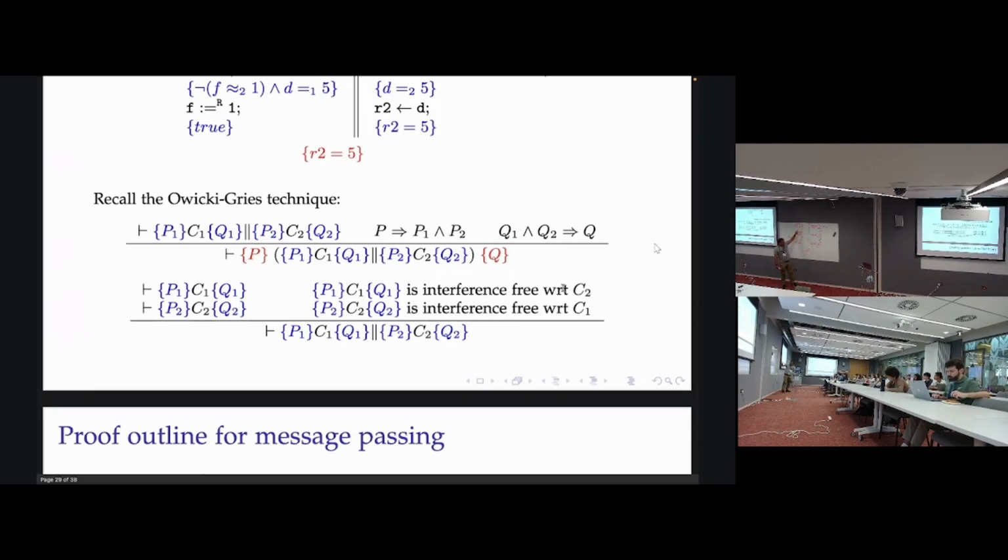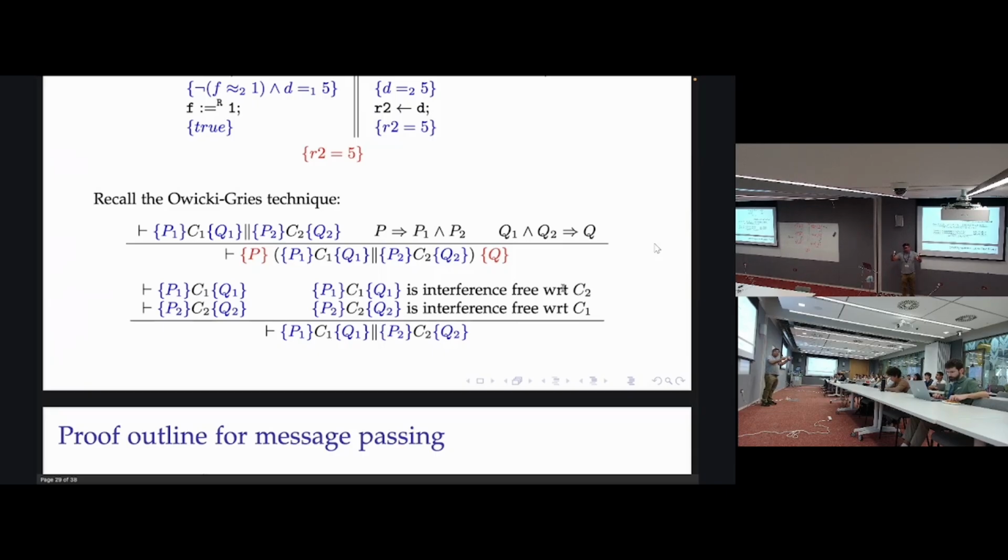And how do I know that this holds at the end? Well, I need that P3 and Q3 implies Q. And that's what this rule is saying. So this is allowing you to take your external preconditions and postconditions and make them thread local.